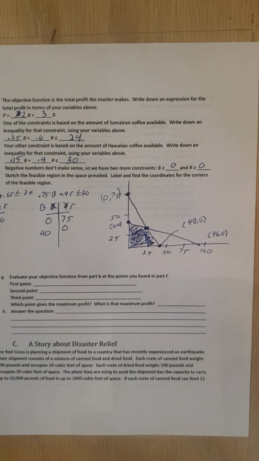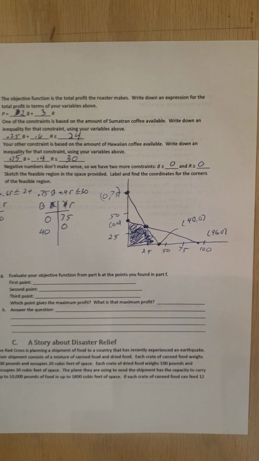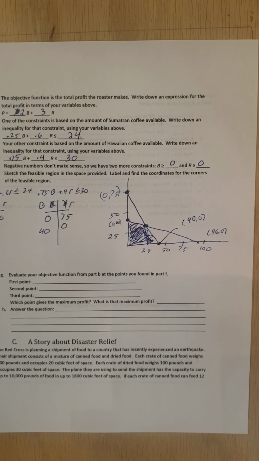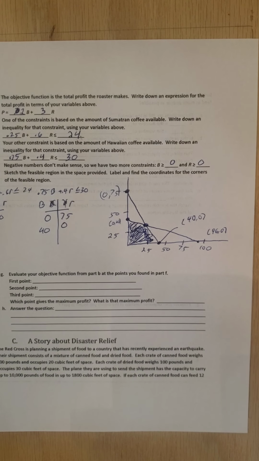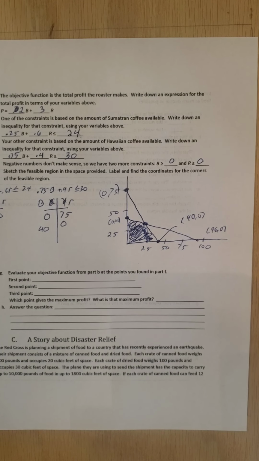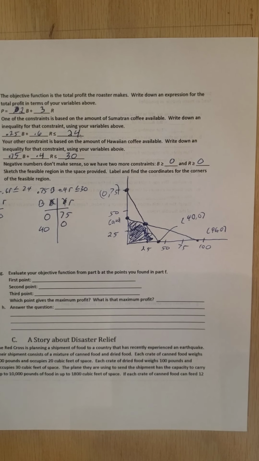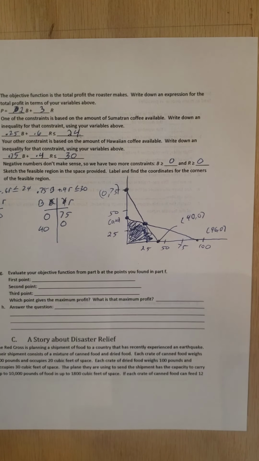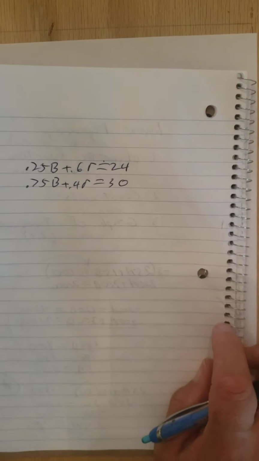So I'm going to write this down on my scrap paper. 0.25b plus 0.6r has to be equal to 24. 0.75b plus 0.4r has to be equal to 30. Okay? So this is the system of equations that I need to solve.